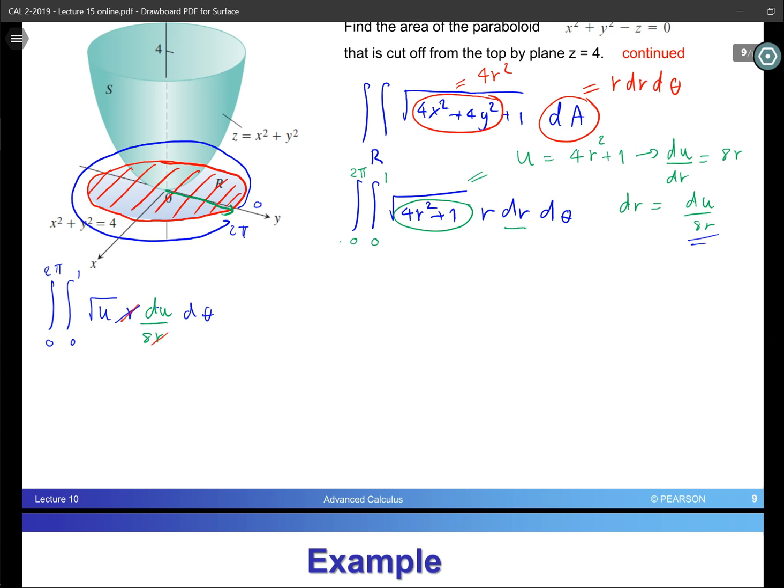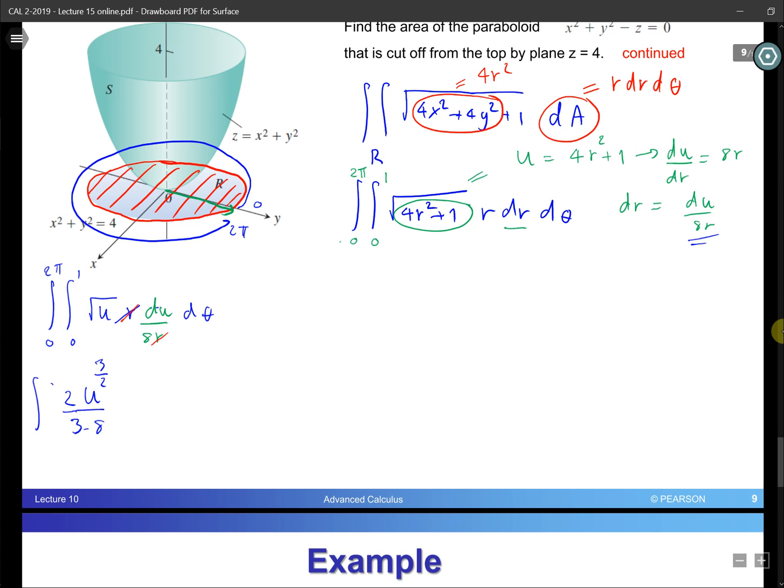Okay, so now let's continue. This is u to the power of 1 over 2, so I'm going to integrate that. This becomes u to the power of 3 over 2, and we still have 8 down here. And when we integrate, don't forget to divide by the factor that we have, that is 3 over 2, so this becomes 2 over 3.